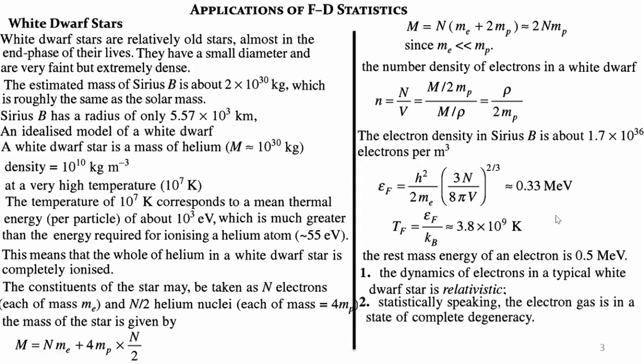So we must actually apply relativistic mechanics, relativistic equations, to this system of electrons, and that's what makes this system altogether different from the situation of electrons in a metal. And statistically speaking, the electron gas is in a state of complete degeneracy.